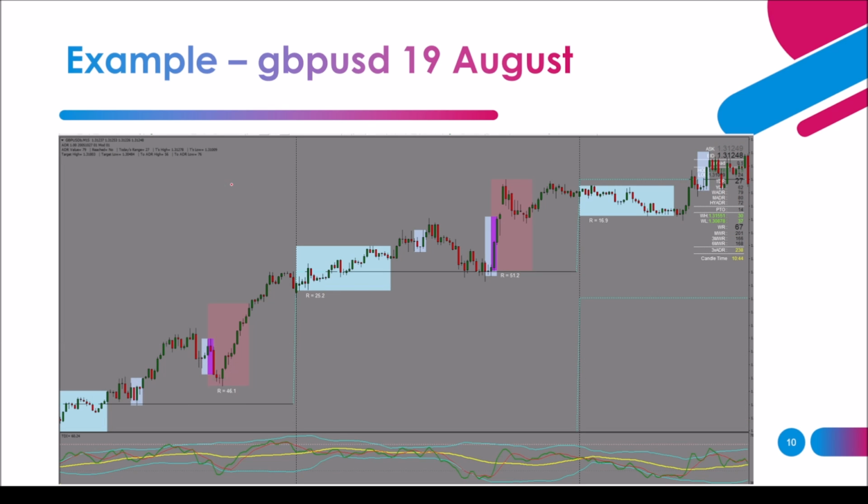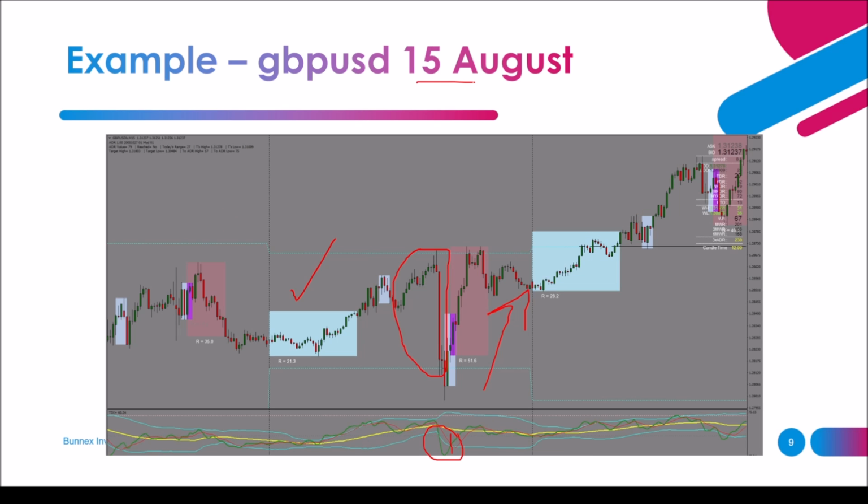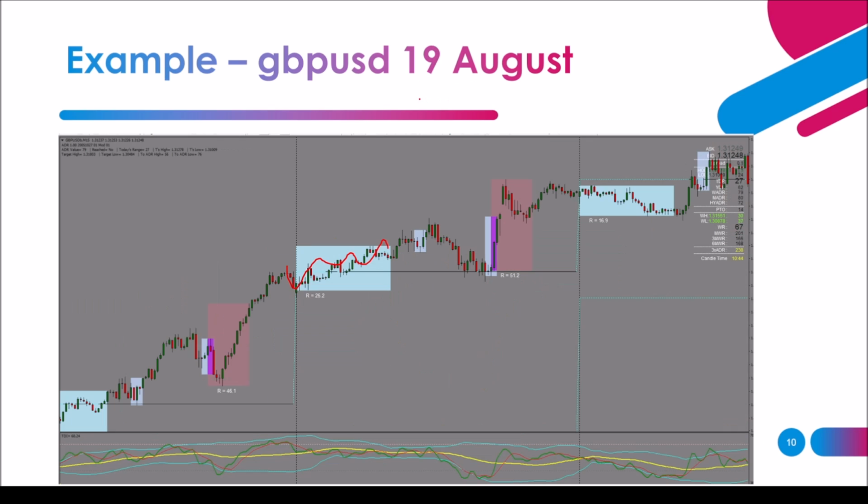The last example, in this particular case, we can see there was a consolidating Asian session. As you can see, you can as well go through the charts. This was the 9th of August 2024. This was the 15th of August 2024. Or on pound USD, and this was on the 19th of August 2024.